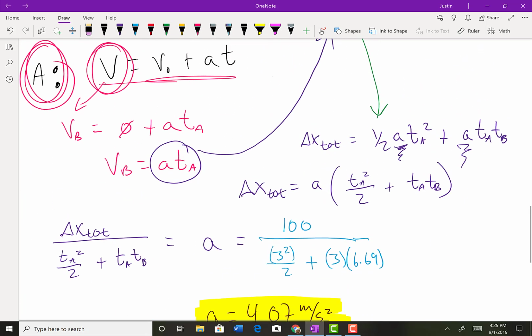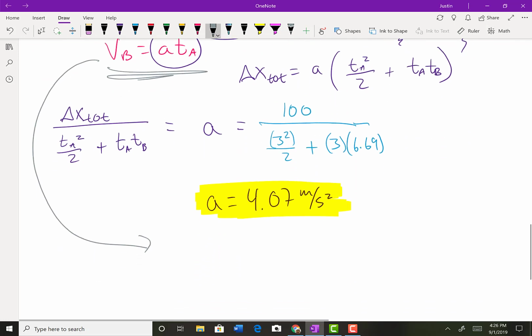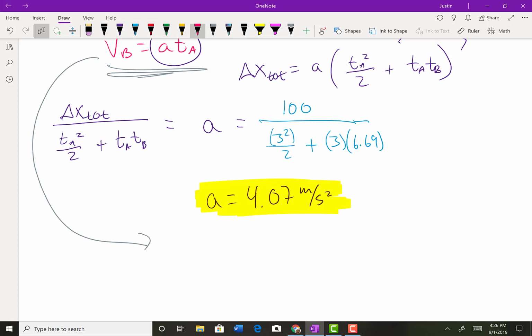So how can I get VB? I can use this relationship again. I'm just going to keep going with this special case solution that I solved for and plug in there. That's going to give me VB equals the acceleration times TA. I now know the acceleration, so I can solve for this.